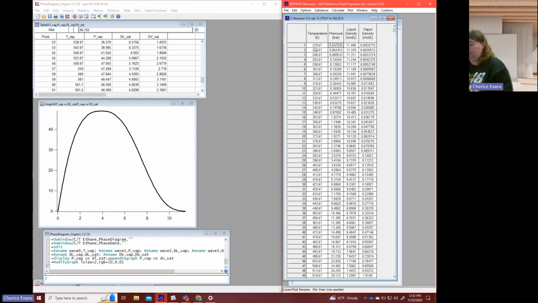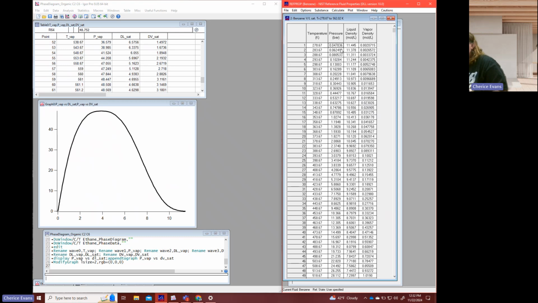278.67, so the triple point pressure is 0.0478 bar. I'm going to go ahead and write that down, 0.0478 bar.